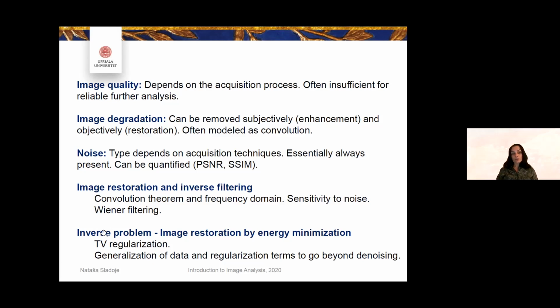We talked about regularization, and in particular TV regularization, and we also commented on the possibility to generalize the idea that is described in connection with denoising and then also deblurring to other types of problems, emphasizing the applicability and usefulness of these energy minimization based approaches, which can be very useful in a number of situations.